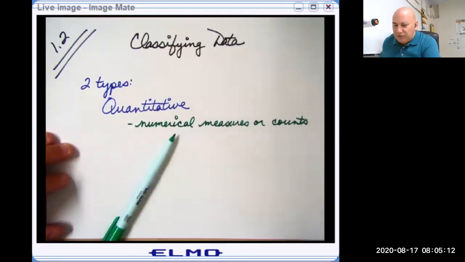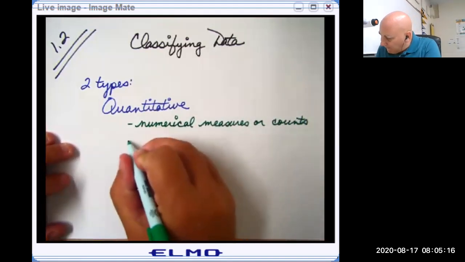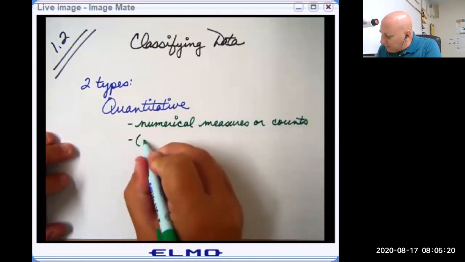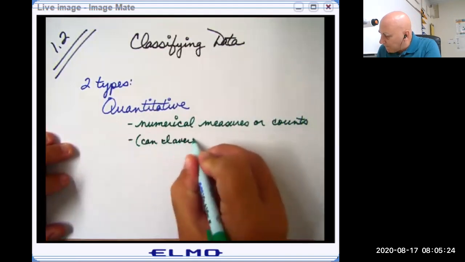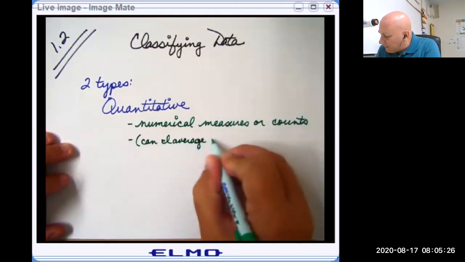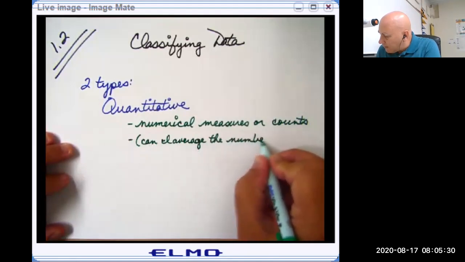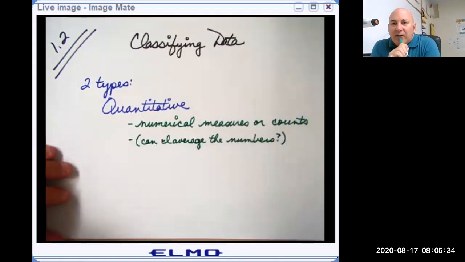The big question you might want to ask yourself is, does it make sense to average the numbers? For instance, if you look at a zip code, if you average two zip codes, does that mean anything?